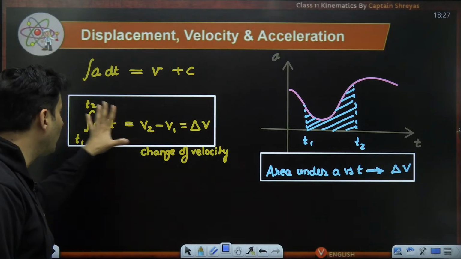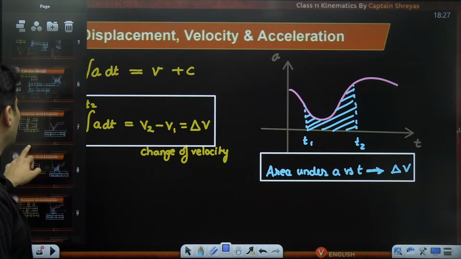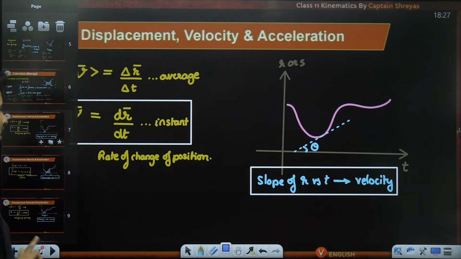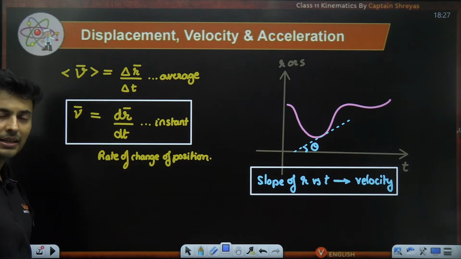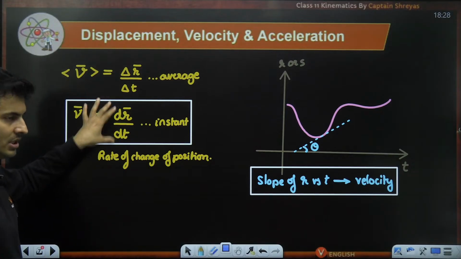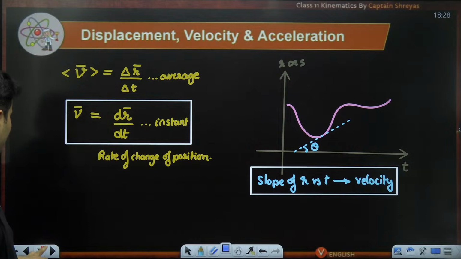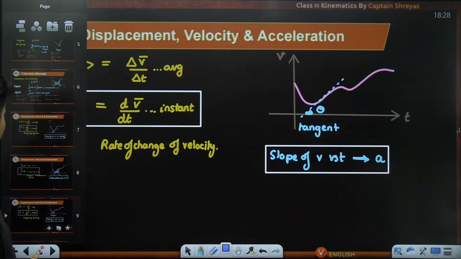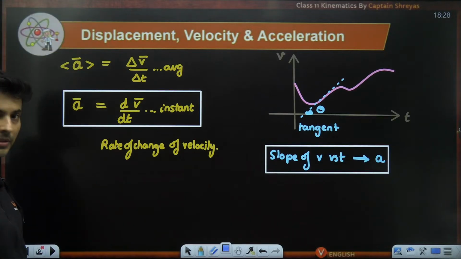So these are the four main things you will need throughout the chapter. The derivative of position with respect to time gives you velocity. If you take the derivative of velocity again, you will get acceleration.